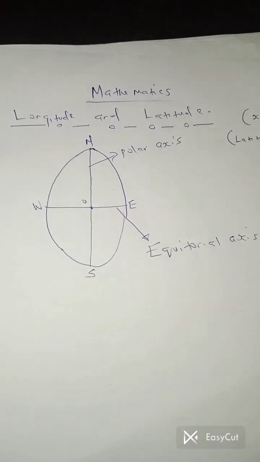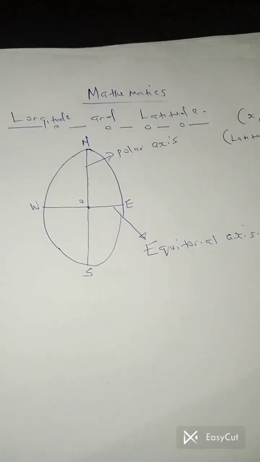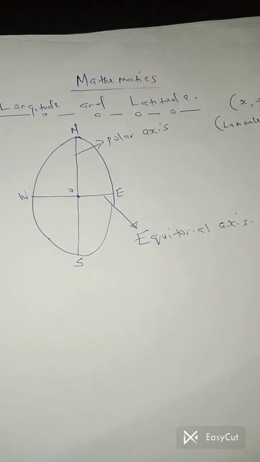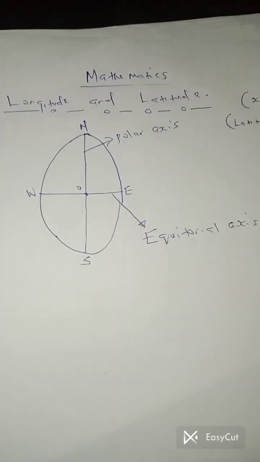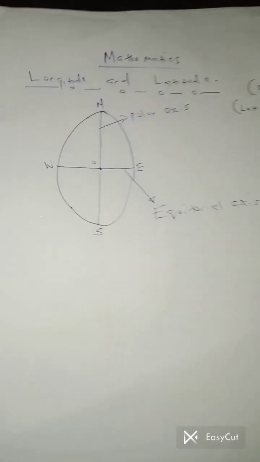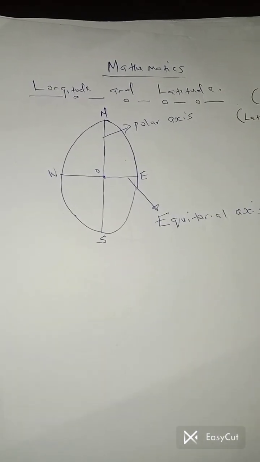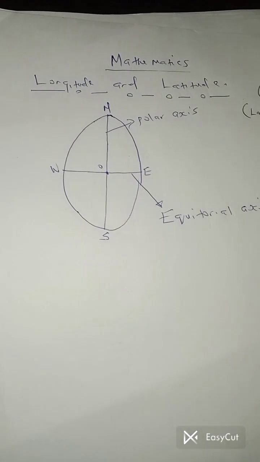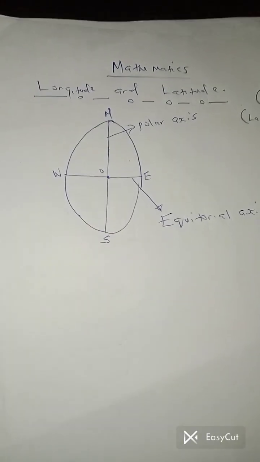So now we say that any cut that takes place on the surface of the earth can either be longitude or latitude. A horizontal cut on the surface of the earth is known as latitude.